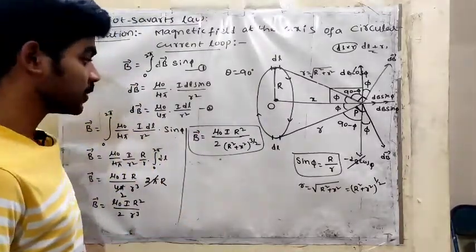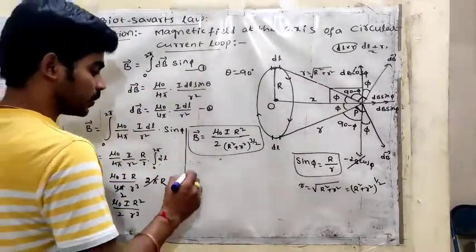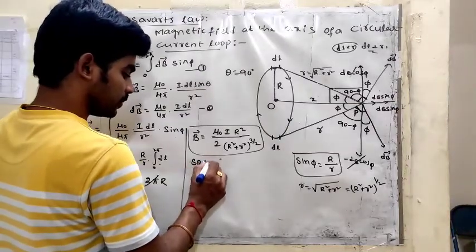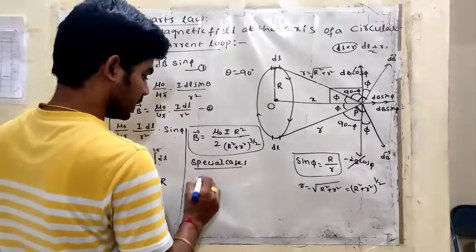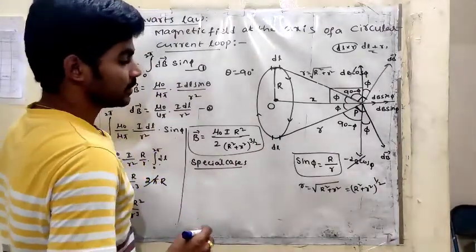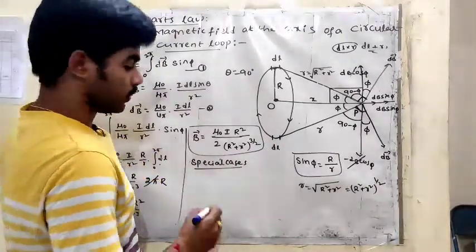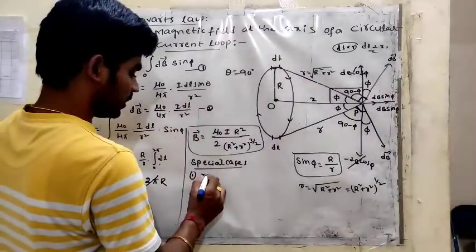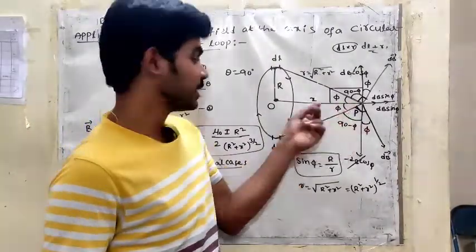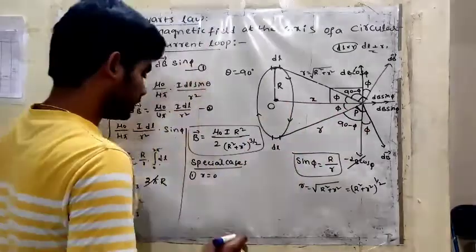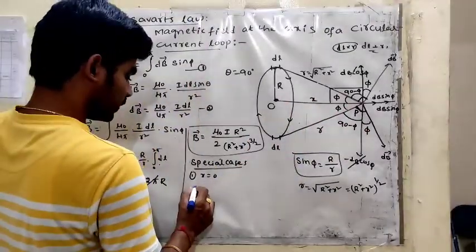Here we can discuss some special cases also. Special cases: let us consider x is equal to 0. So case 1, x is equal to 0. This axis distance is 0, exactly the center only I am calculating. In that case, what will we get for net magnetic field?